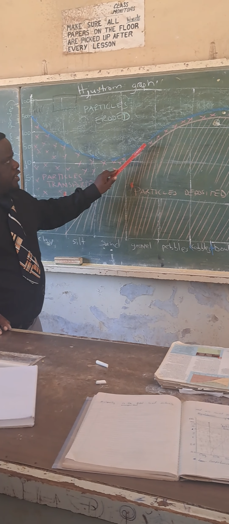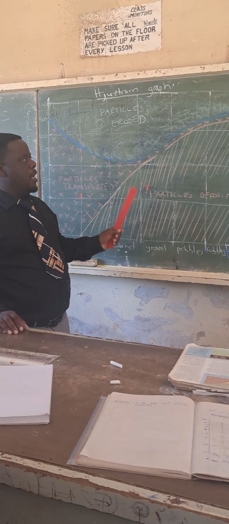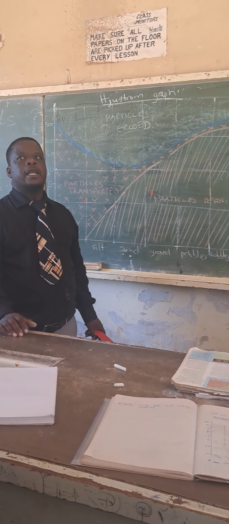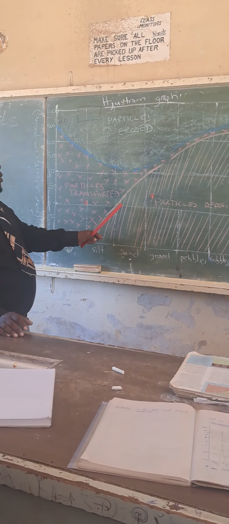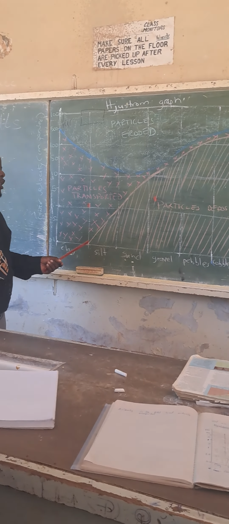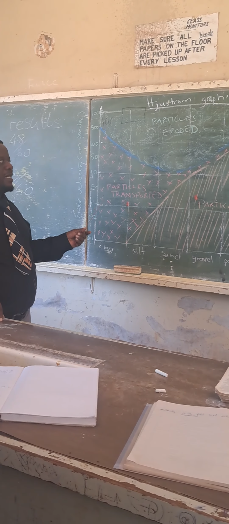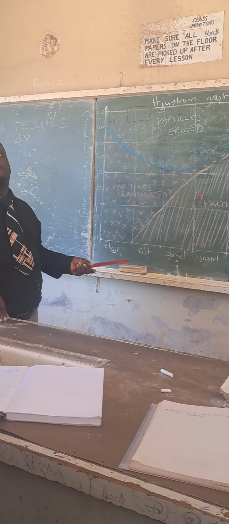The rate of deposition is increased as the particles get larger. But as the load gets smaller, particles deposited tend to be reduced. This is what is depicted by this graph.